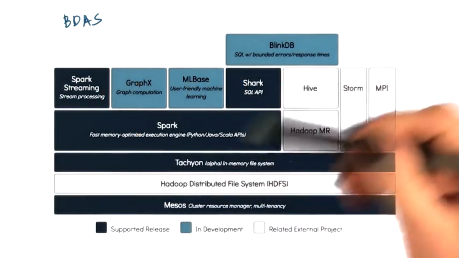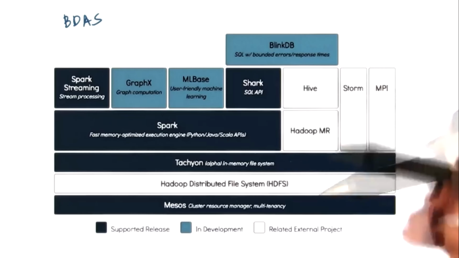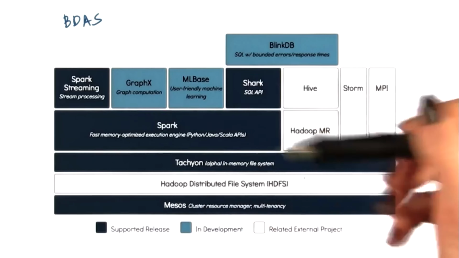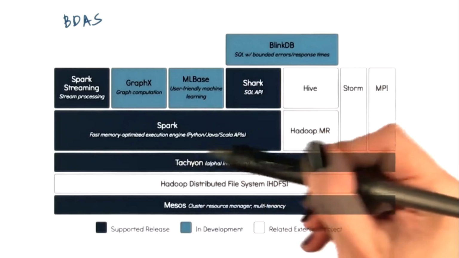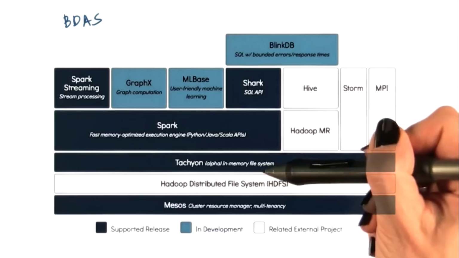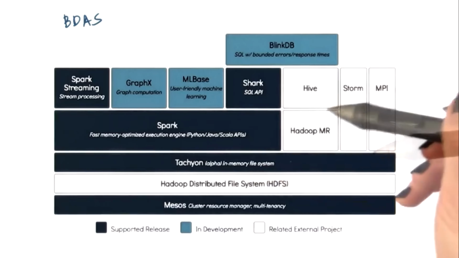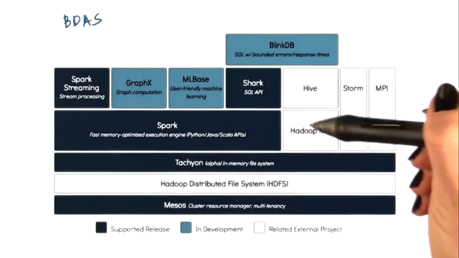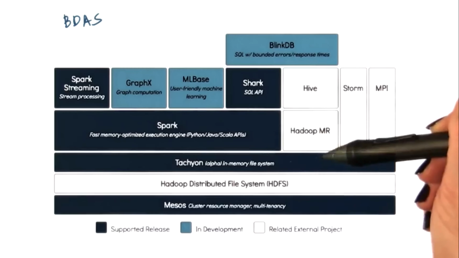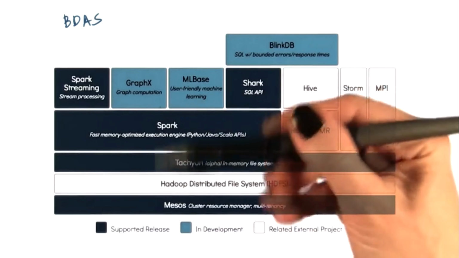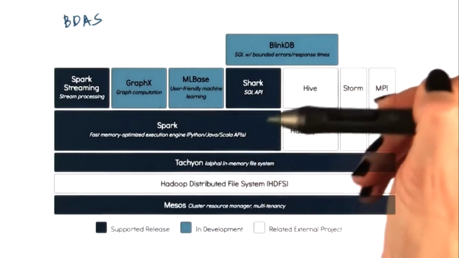And this is what the Berkeley BDAS stack looks like. There's similarly a data storage layer, and then there is an in-memory component, the in-memory file system, so that you can avoid the caches. You can run the regular Hadoop MapReduce engines on top of this layer, or you can run another type of programming model, another processing framework called Spark.